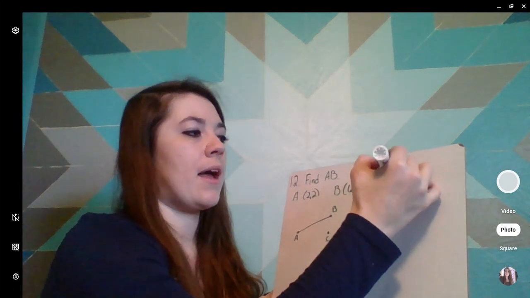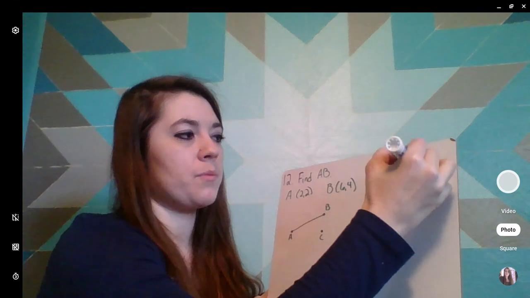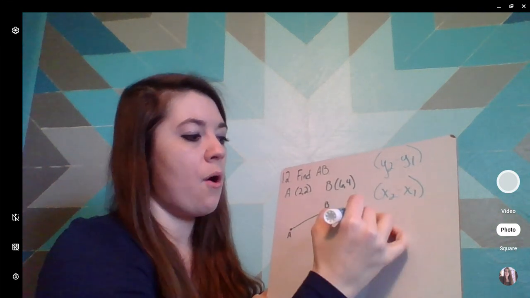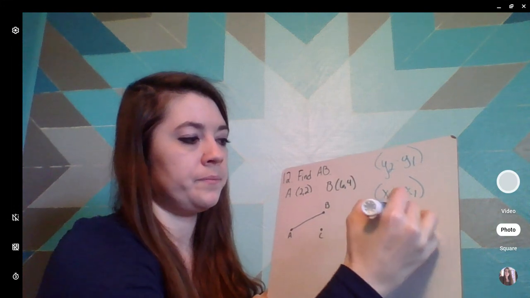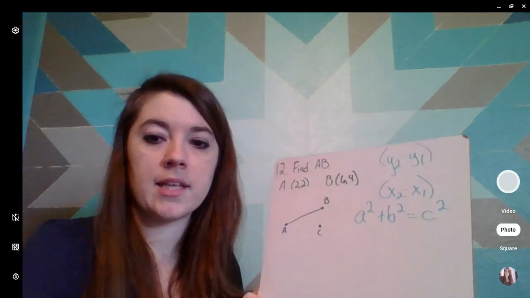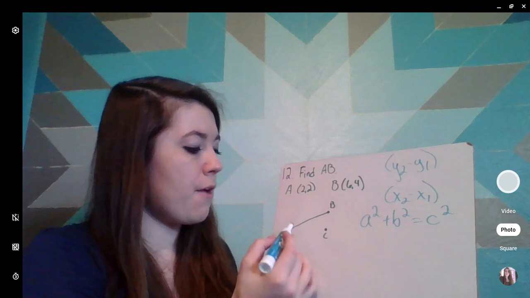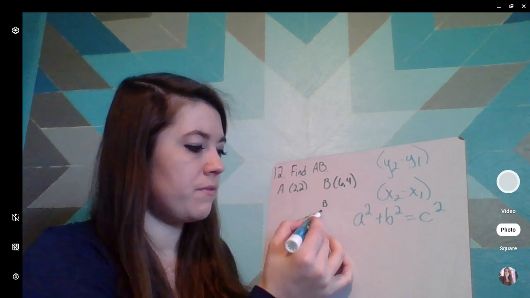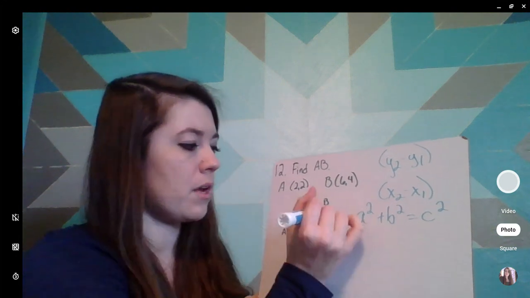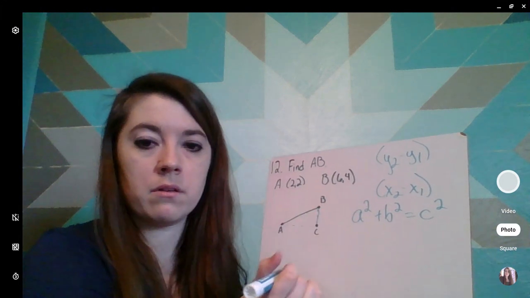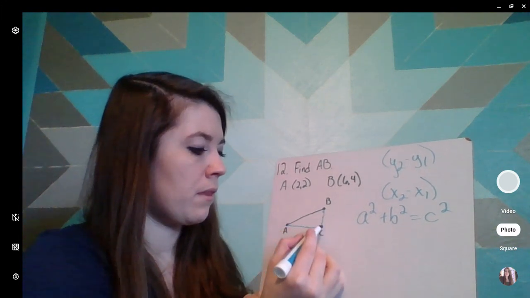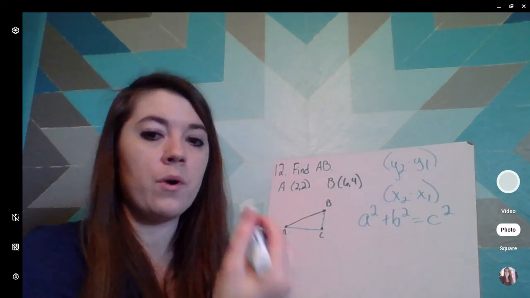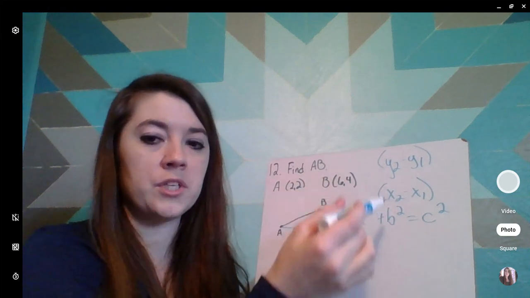So if we're going to combine the y2 minus y1 and x2 minus x1 with the Pythagorean theorem, just keep all these things in mind. If we drew out the triangle, not that we want to draw this out, but to help us visualize how this will work, the BC part would represent which of these two parts?